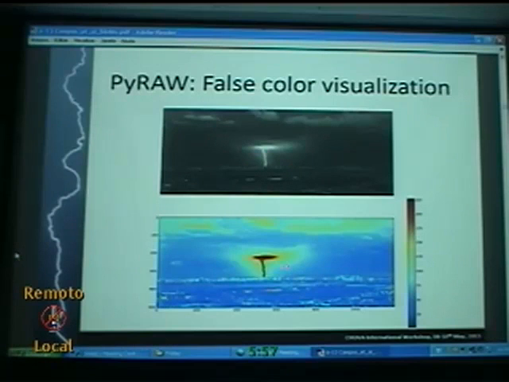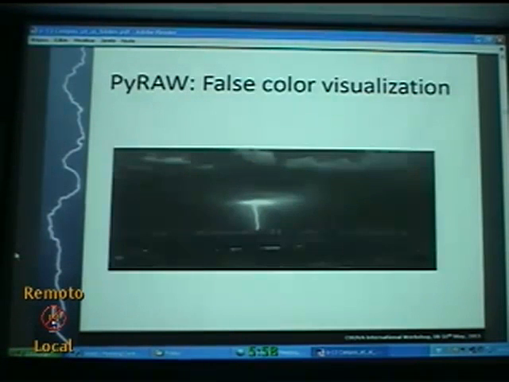But here you can see a large difference between, for example, the luminosity spread here and the luminosity spread here, which is less intense than the one in the main trunk of the channel. And here you can barely see the difference. So especially for faint events, this is a very powerful tool for manual analysis that a researcher could do on the video records.